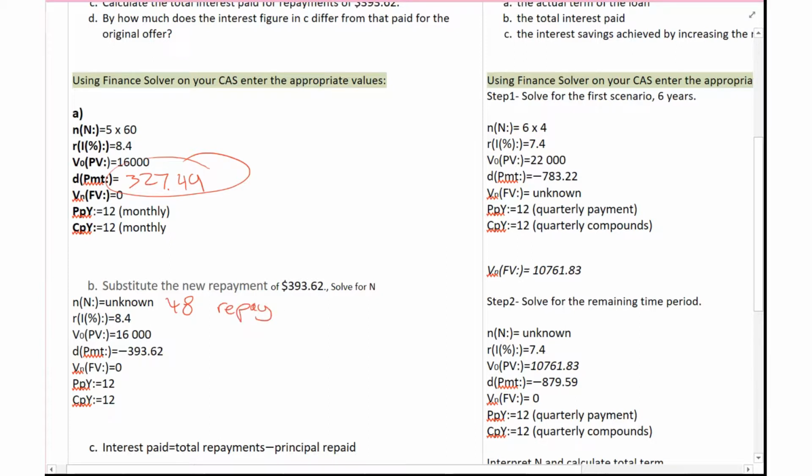Okay, so we get 48 repayments. So that's 48 months. In this case, it's going to take me 4 years to pay it off. So just that sort of $70 odd would make it that much quicker. Okay, so the new loan term would be 4 years.